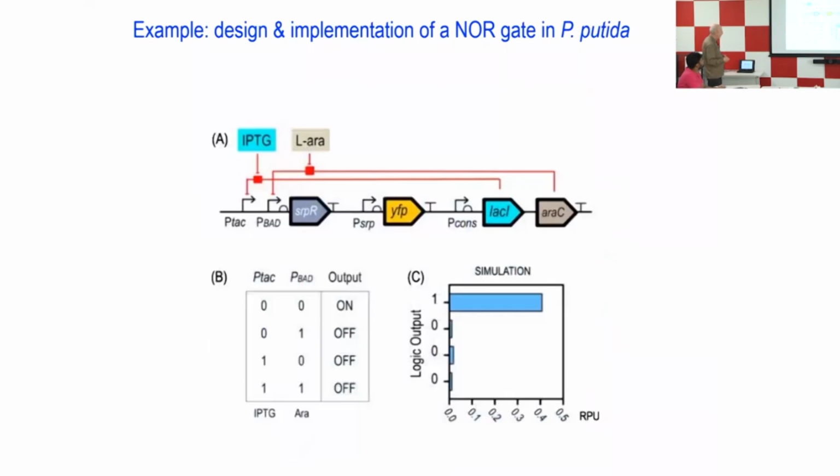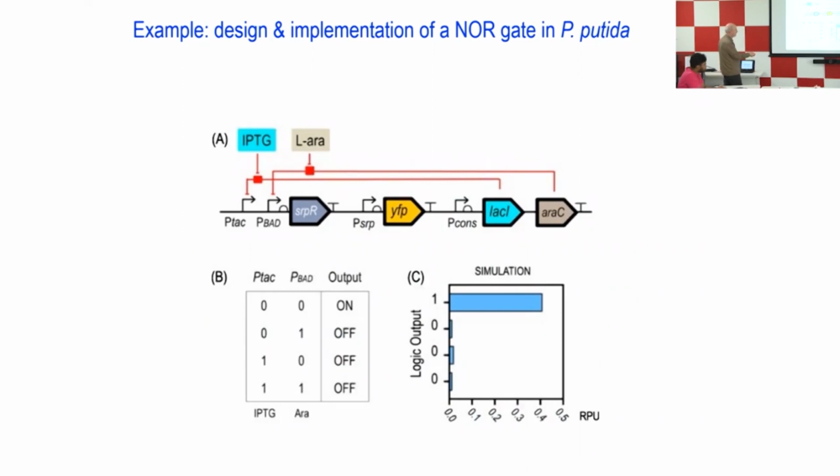Okay. So before you go ahead and synthesize the DNA, this is one of the best solutions that the system will tell you: if you use this particular repressor called SRPR, and this particular repressor and the other, and there is RAC, a transcriptional factor, and you have as inputs IPTG and arabinose, then at the end, the type of logic that you will get will be this one.